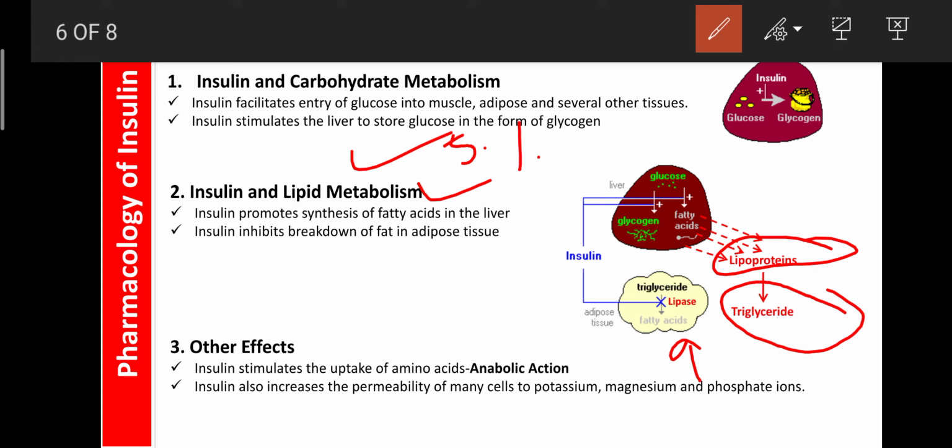Like that, insulin enhances the formation of triglycerides.